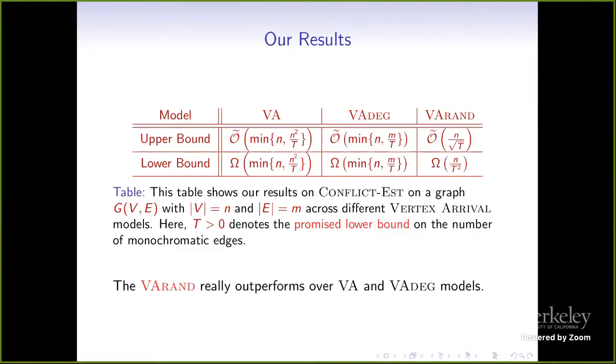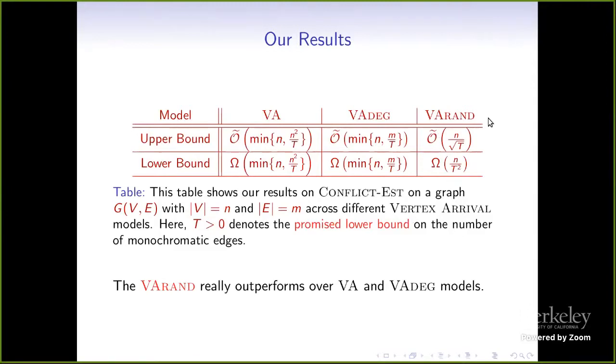Note that in the VA and VA-DEG models, the upper bound and lower bound are tight. And the space complexity for conflict estimation in the random order vertex arrival model is better than that of the other two. Also, note that there is a gap between upper and lower bound in the case of the random order vertex arrival model, which I will discuss around the end of the talk.